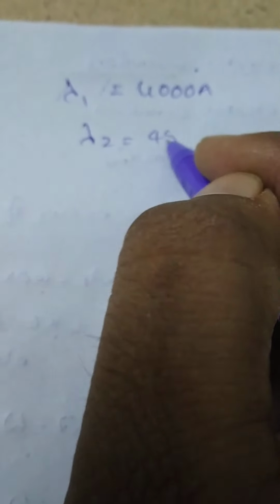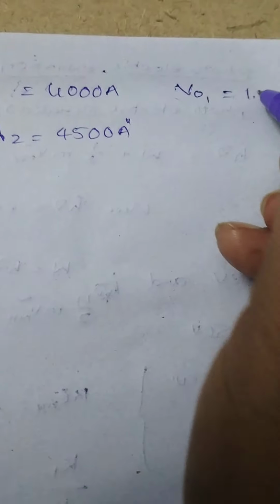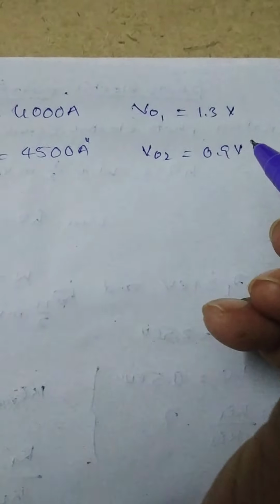Next, one more example. Suppose in the experiment of photoelectric effect, stopping potentials corresponding to wavelengths lambda 1 is equal to 4000 angstrom units, lambda 2 is equal to 4500 angstrom units are obtained as V01 is equal to 1.3 volts, V02 is equal to 0.9 volts.